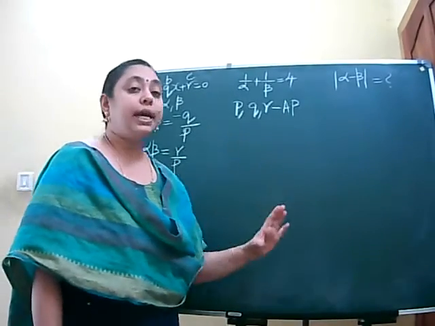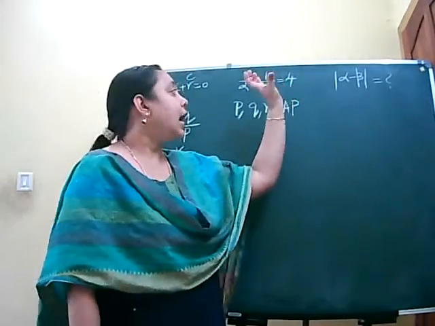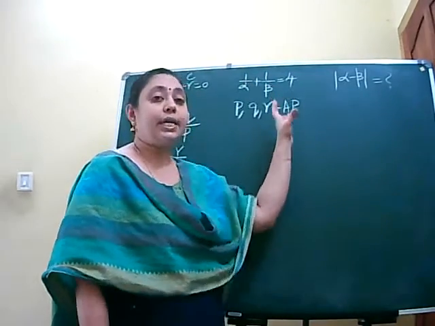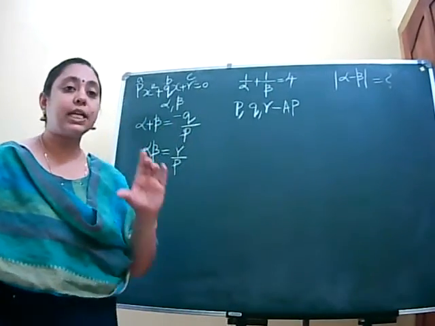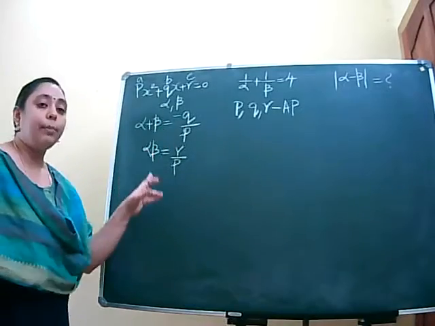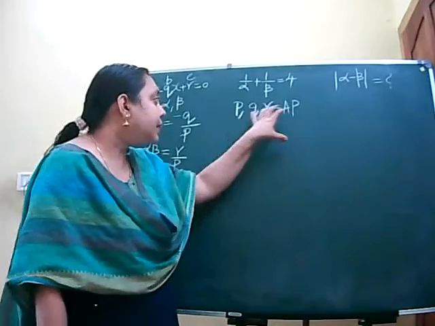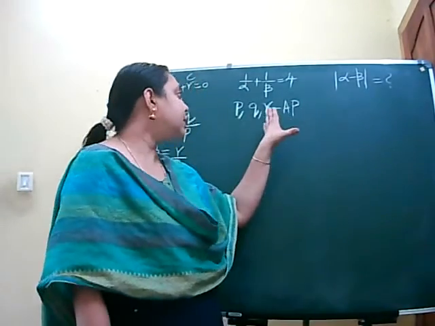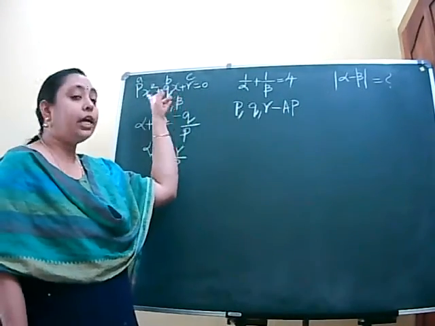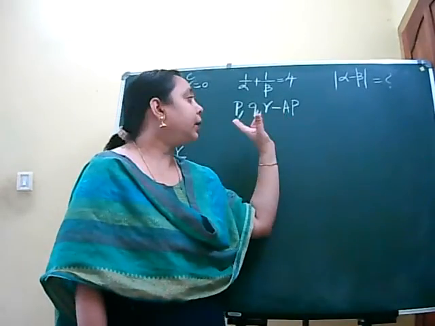Next we consider the given conditions, and using these conditions we find out the exact values of sum and product of the roots. First of all we consider this result, that the constants in this quadratic equation are in arithmetic progression.